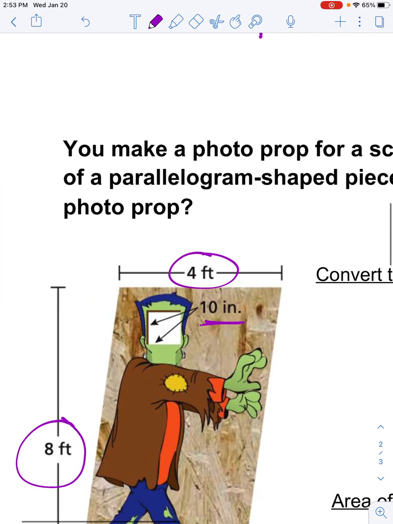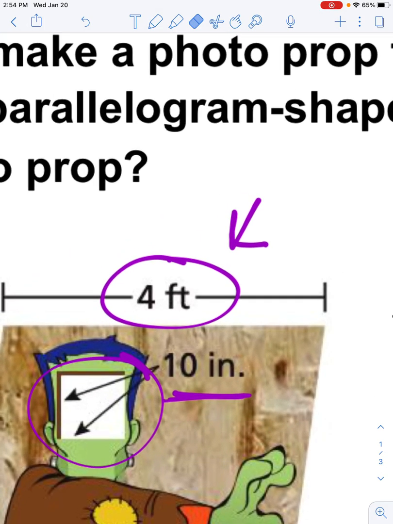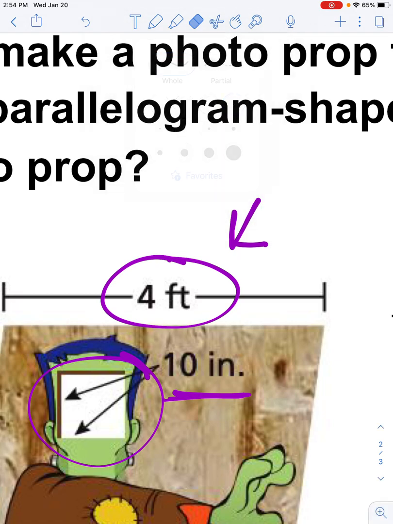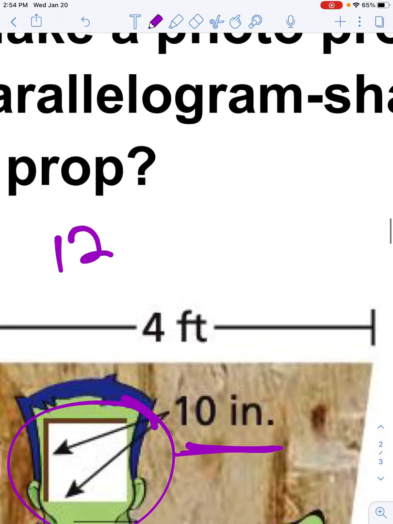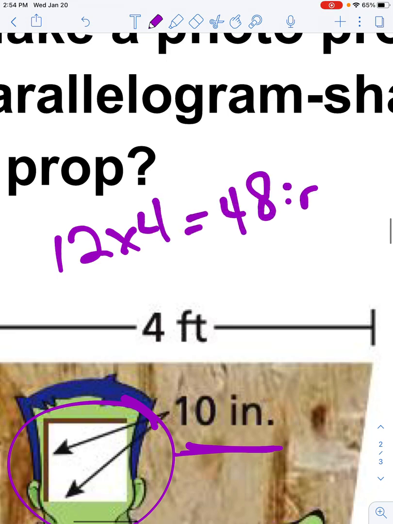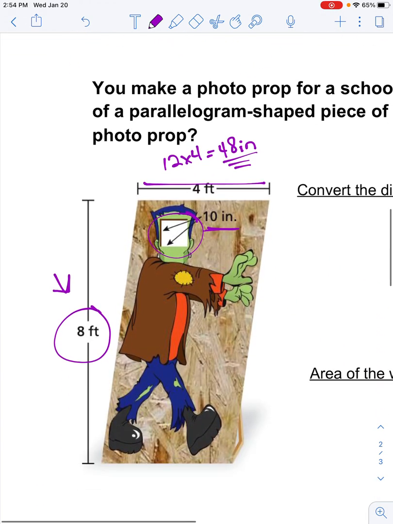Since this is in inches, we have to convert these to inches. You should know that there are 12 inches in 1 foot. If there's 12 inches in 1 foot, 4 feet would be 48 inches. So from there to there is 48 inches.